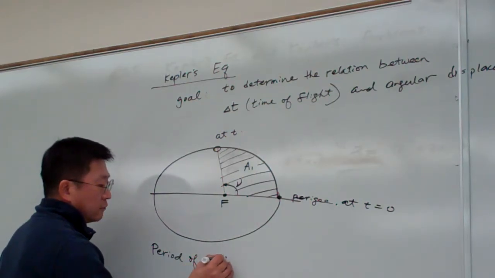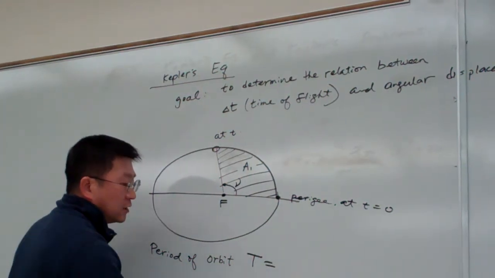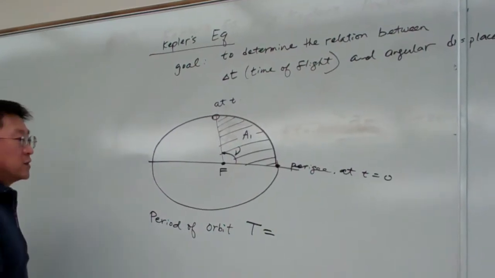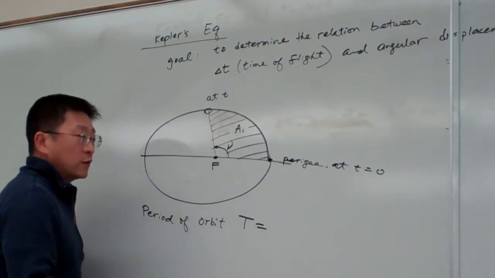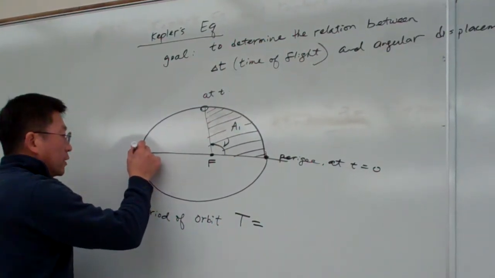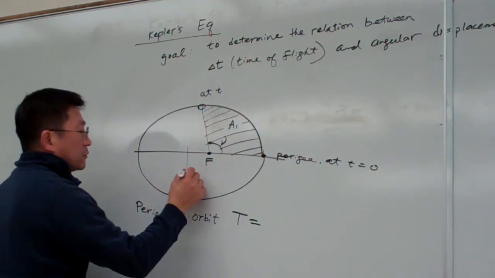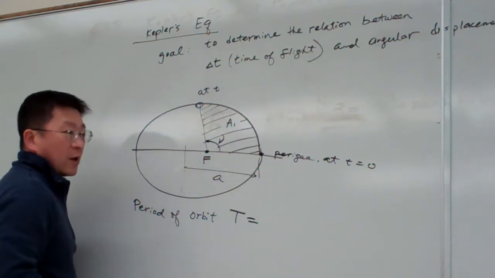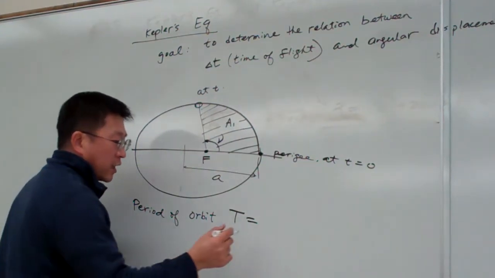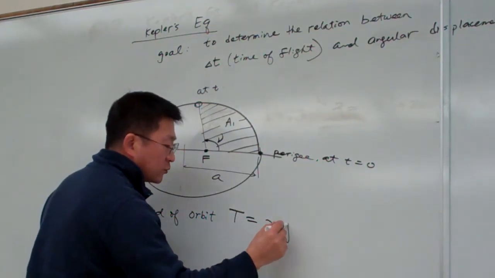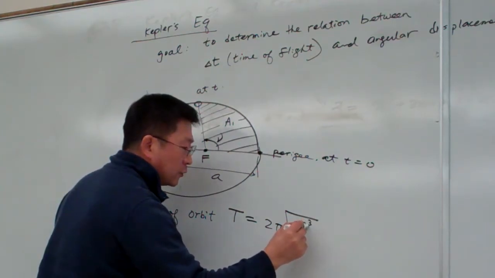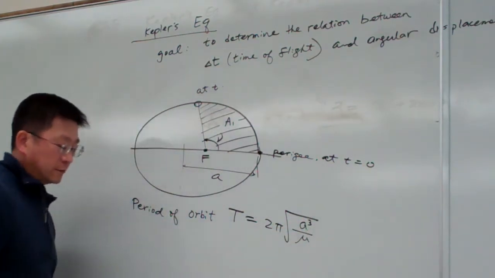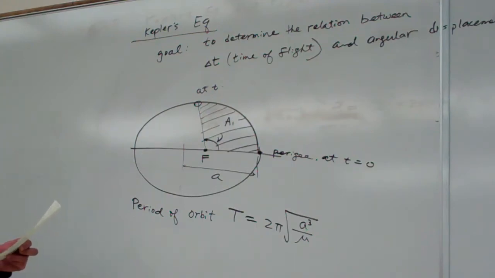We know the period of orbit we define as T, and for this orbit the semi-major axis is a. In this way, T we can express by a cubed over mu, hopefully that is right.